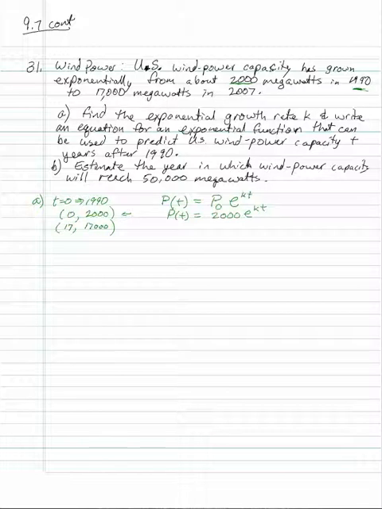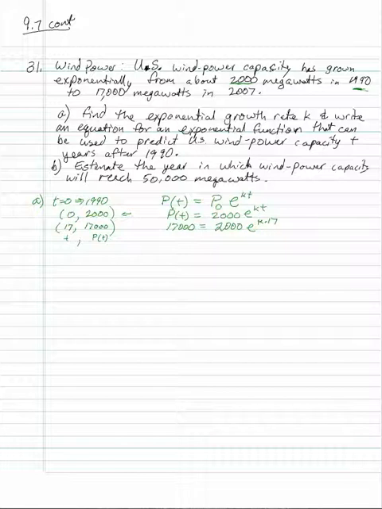So P sub 0 is the 2000. Now we're going to use the second point. Remember, this is P of T, and this is T. So we're going to put in 17,000 equals 2000 E to the K times 17. We're going to solve it for K.